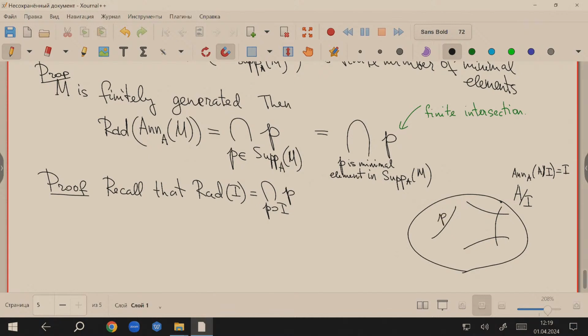And these P's that contain I are irreducible subvarieties of maximal dimension. Of maximal dimension.